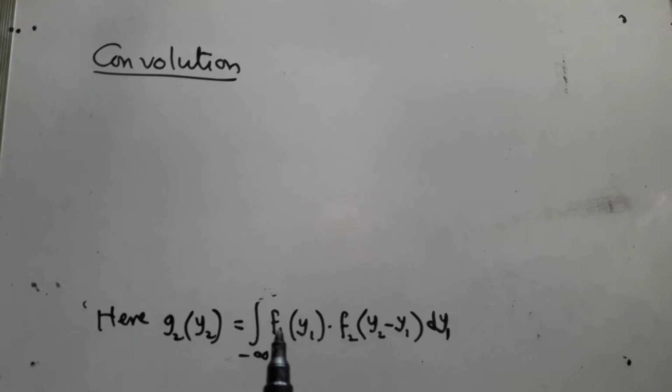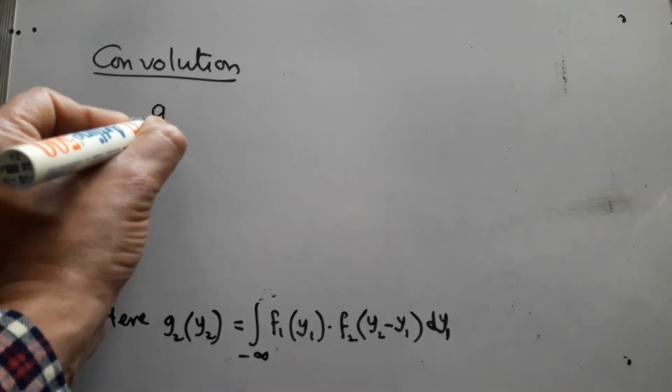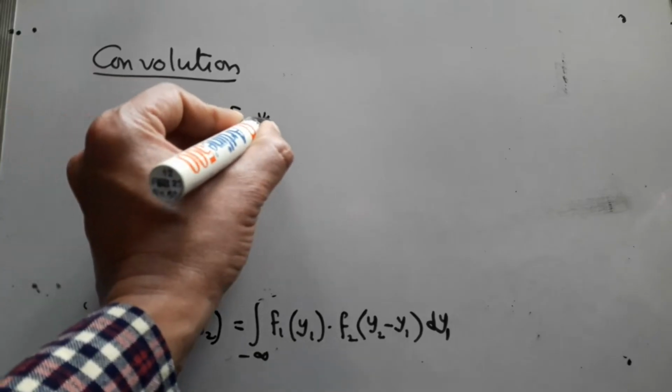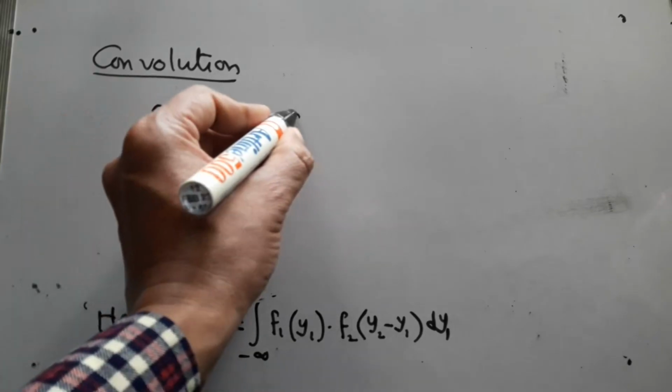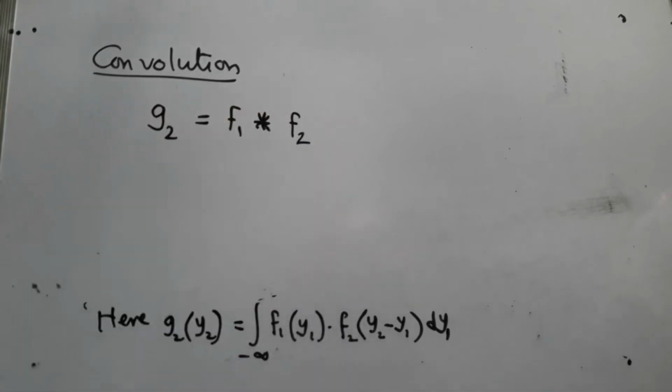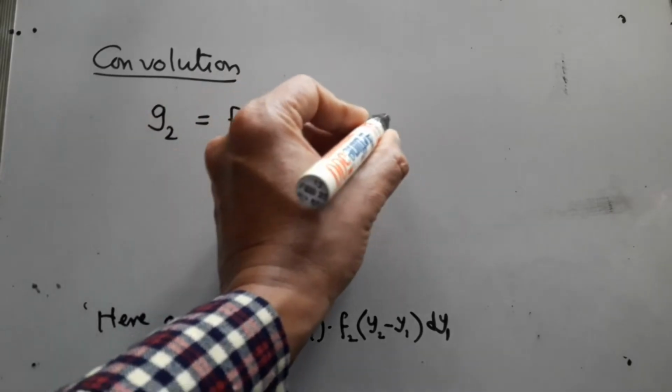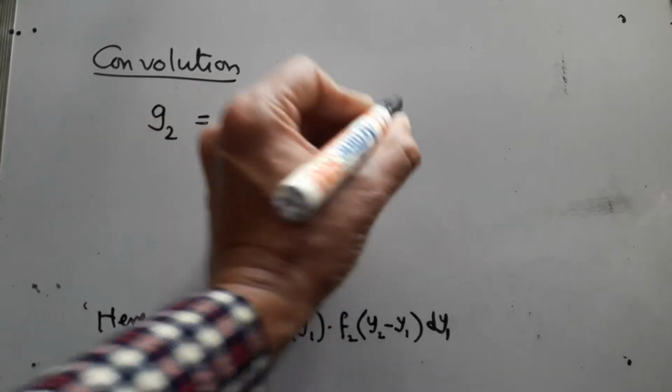So we are taking the convolution of f1 and f2 and producing this g2. We have a symbol for that: we write g2 equals f1 star f2, where the symbol for convolution is a star. It is just a binary operation. And you can convince yourself that this is the same as f2 star f1.